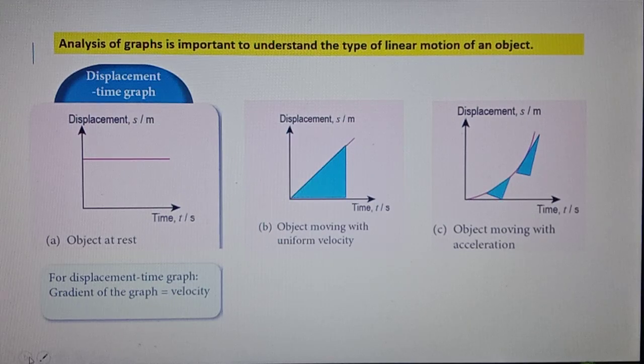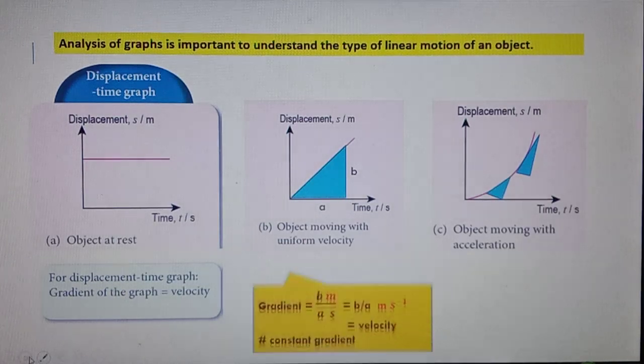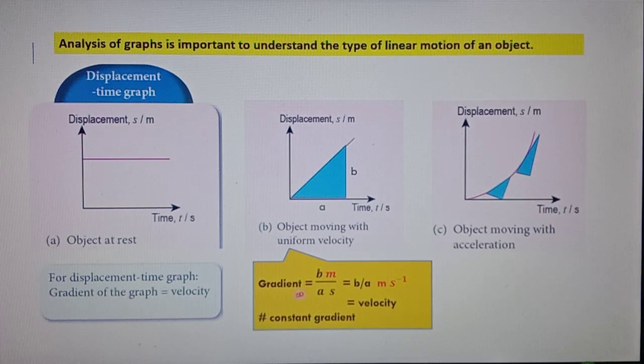Okay, let's say we draw a triangle to determine the gradient of the graph. The vertical height of the triangle is b. The horizontal width of the triangle is a. Thus, the gradient of the graph equals b divided by a, and the unit is meter divided by second.